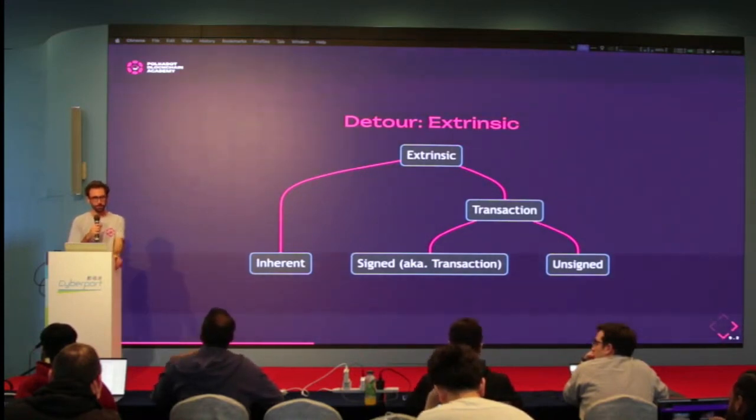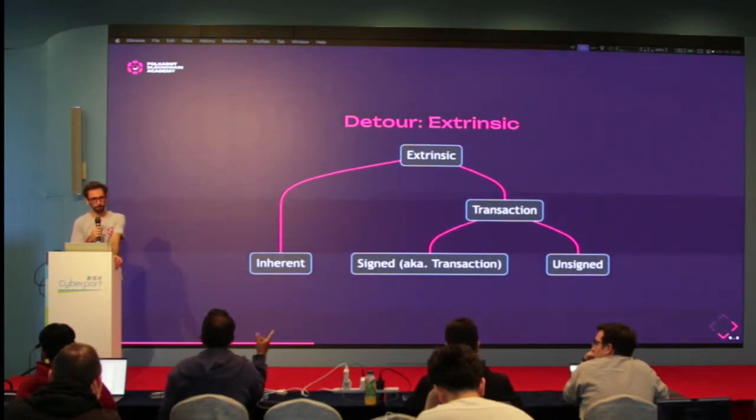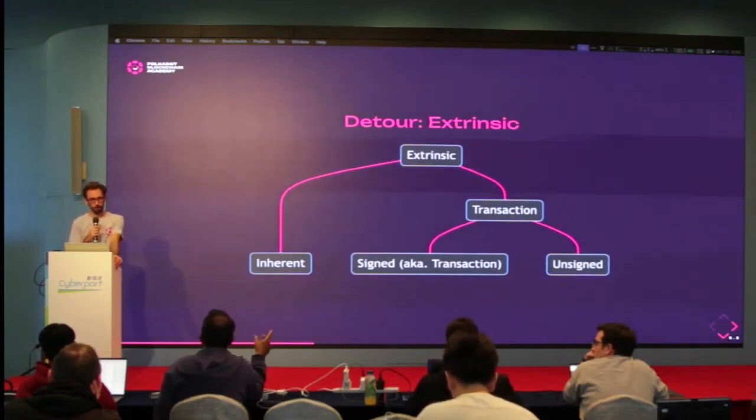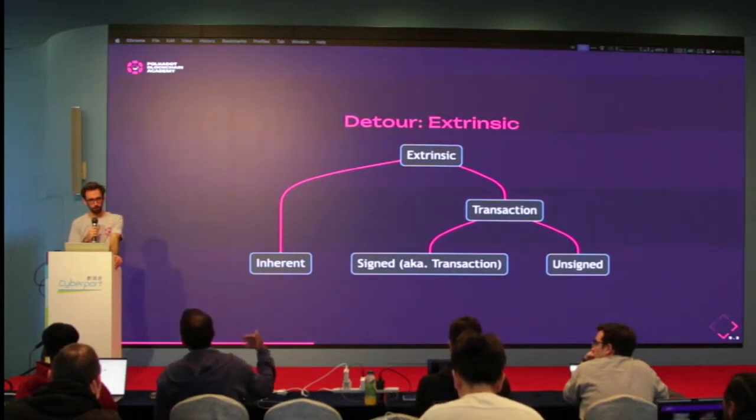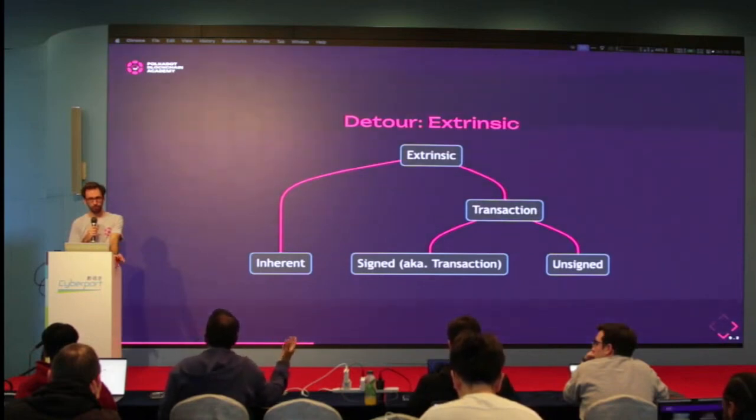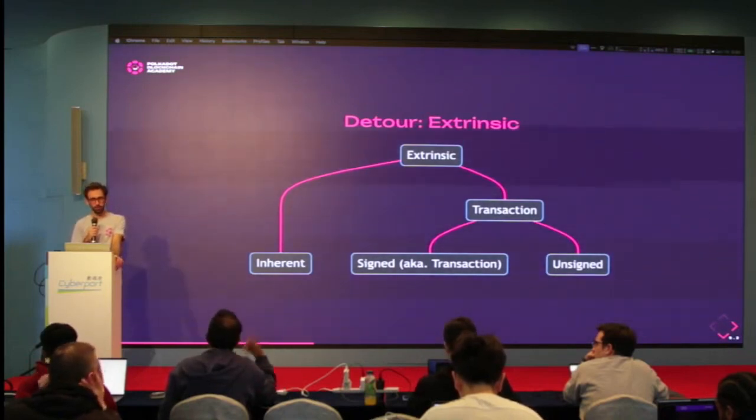Sorry, can you rephrase? So since we're taking the example of unsigned transactions, a bunch of signed transactions are coming to the host, and the host is now submitting those signed transactions, considering that these are already verified transactions. Oh, so you're saying signed transactions come. Signed, okay. But the host is not signing it, right?